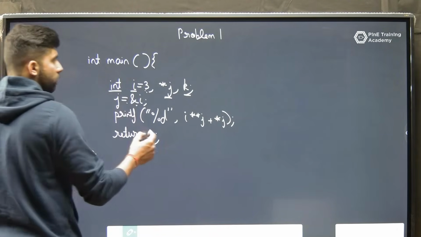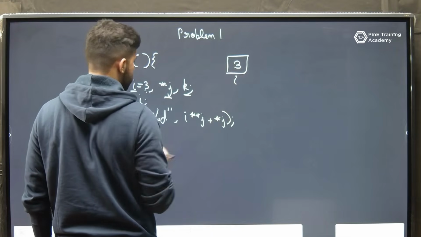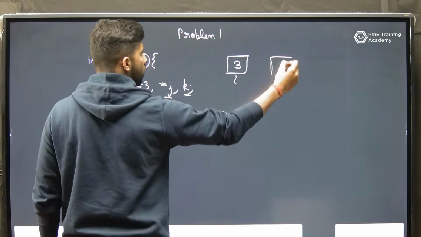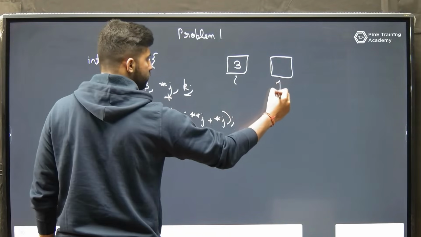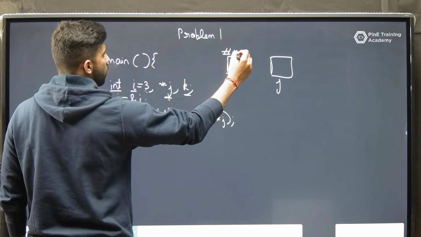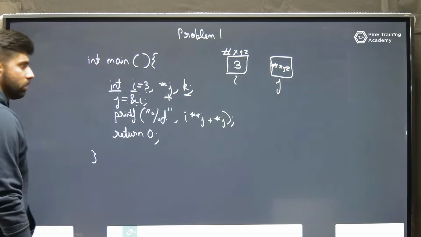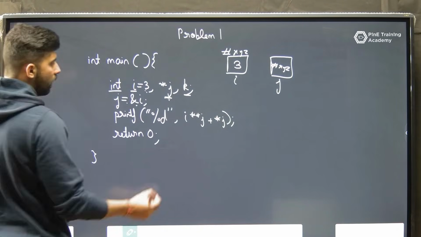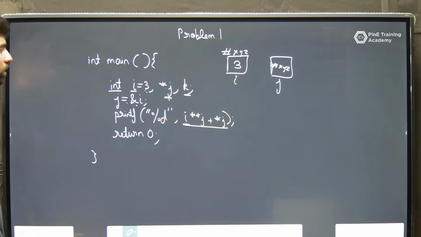J is equal to address of I. So I will create I is equal to 3. J is a pointer variable which stores the address of this I. It can be anything.